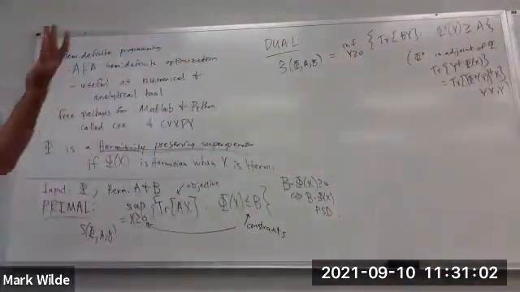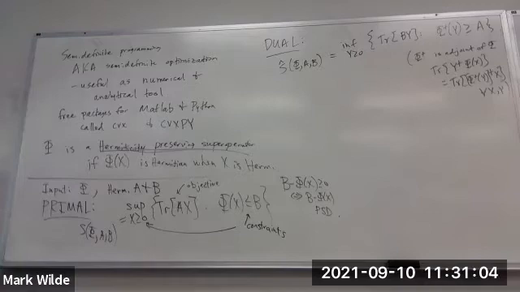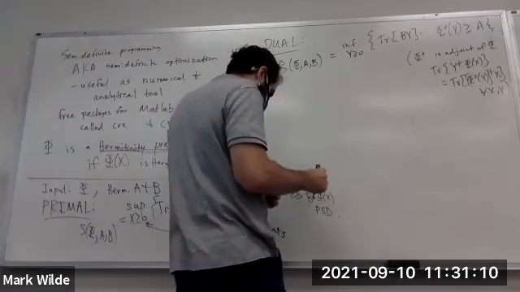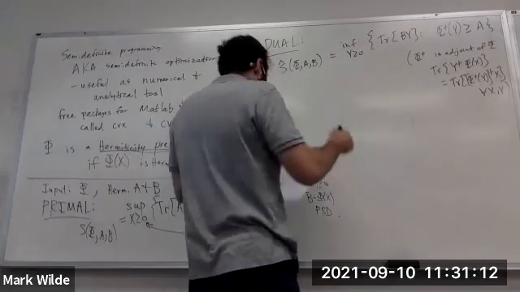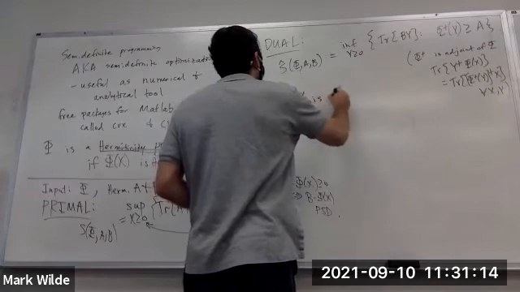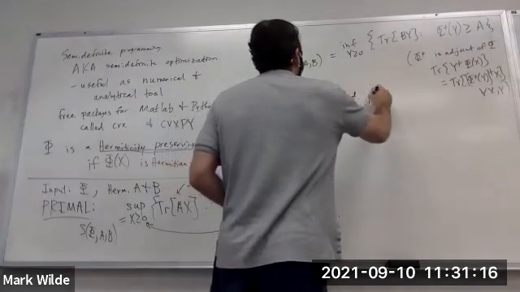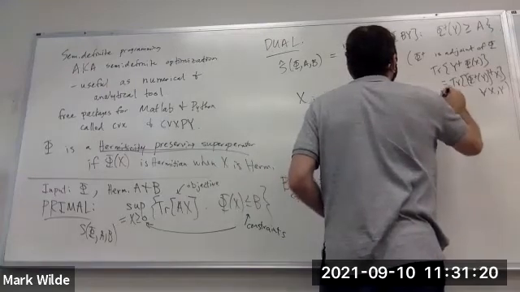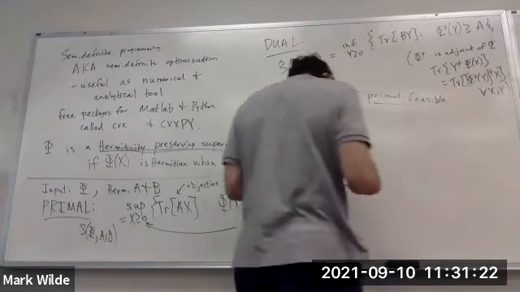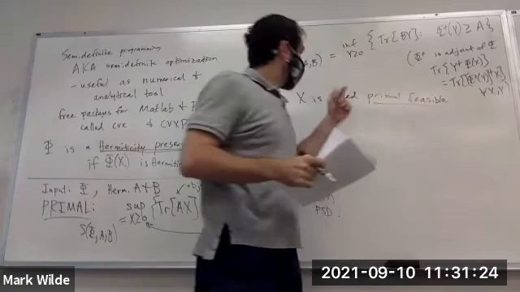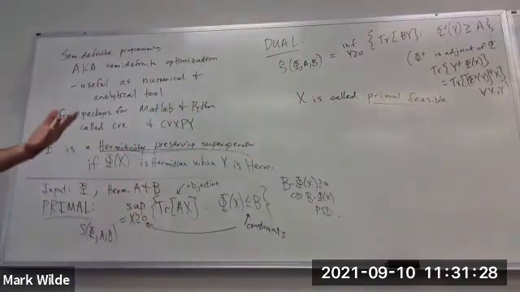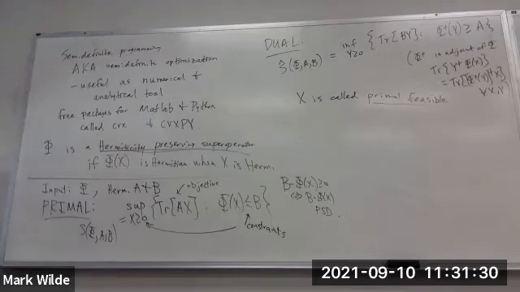So there's a bit more terminology. I guess you probably feel like you're getting bombarded with terminology, like in graduate school. X is called primal feasible. It just means it's an X that satisfies the constraints. So it's feasible for the task.